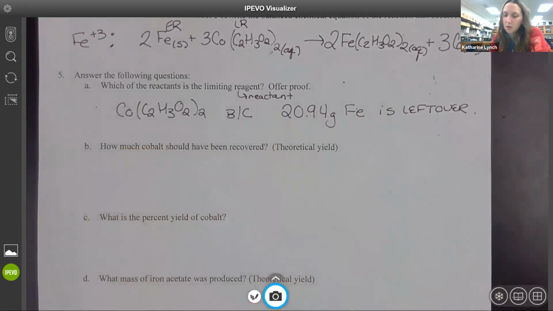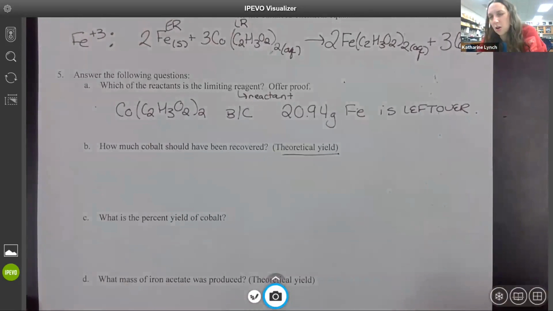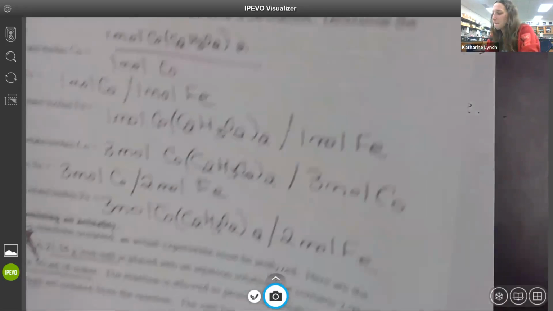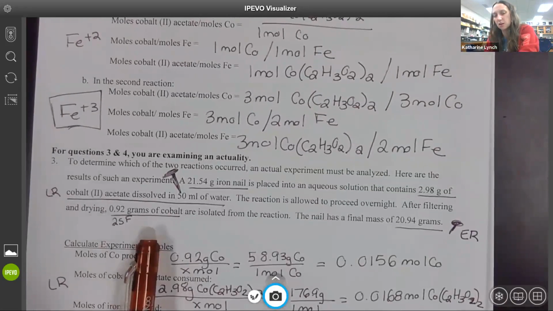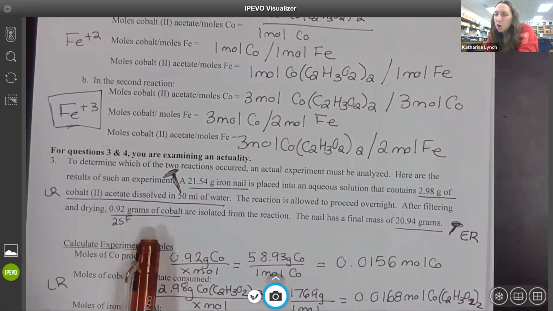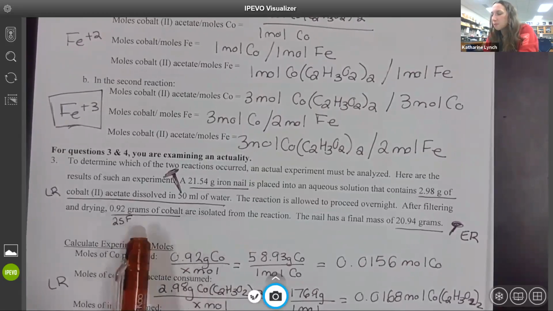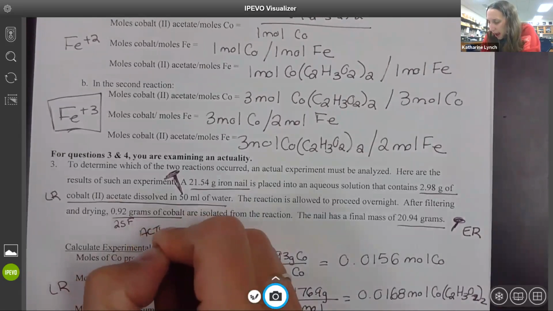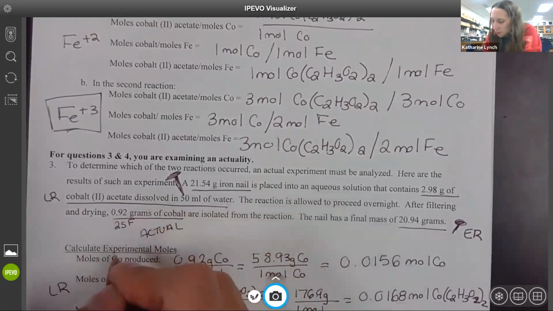All right, how much cobalt should have been recovered? This is theoretical, when perfect on paper is done. On the front, we have the actual grams of cobalt from an actual experiment.